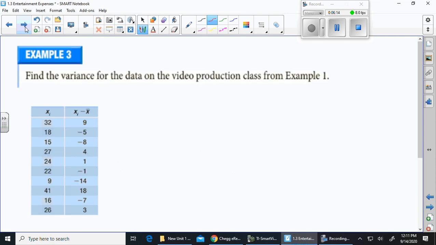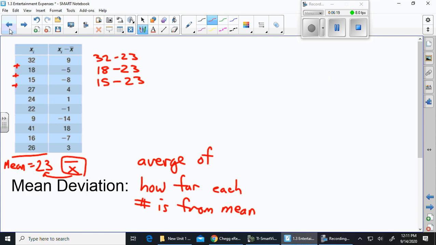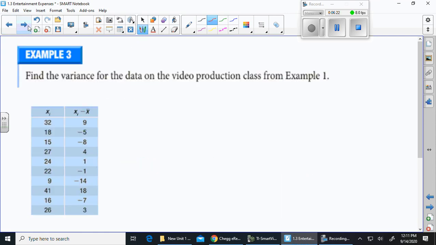But first, before I do that one, I'll do it right here. We found the mean and got 23. We subtracted each of those from 23, the 23 from the number. Then this next column would be x minus x bar, which is that column, squared.